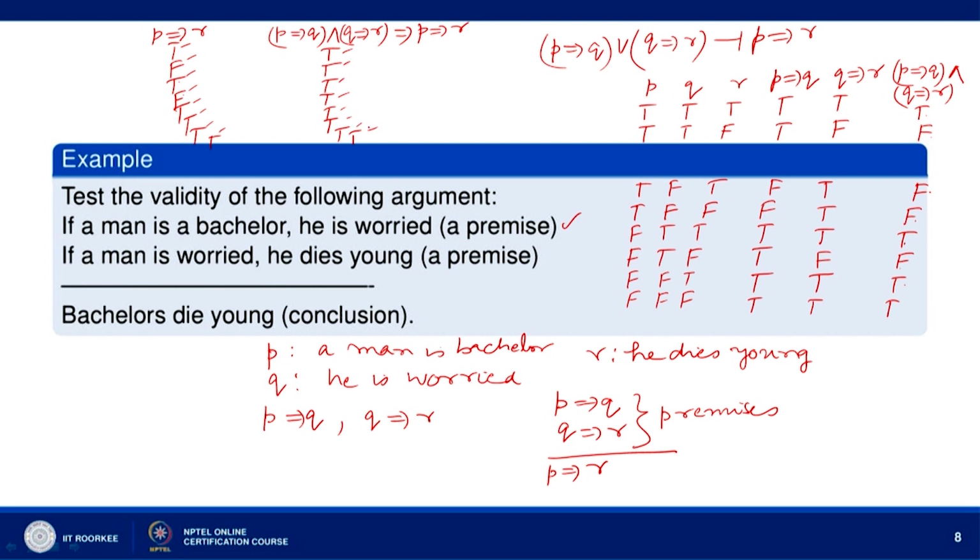Okay. So, you can see all the truth values are T here, and therefore, there is a tautology. So, P implies Q and Q implies R implies P implies R is a tautology.